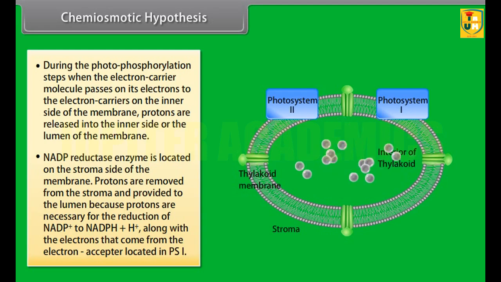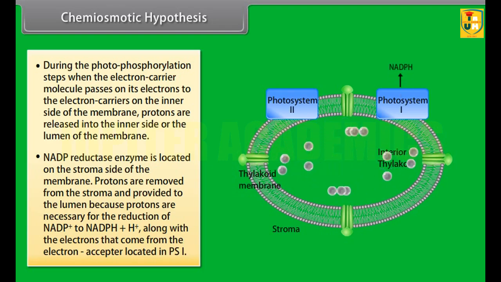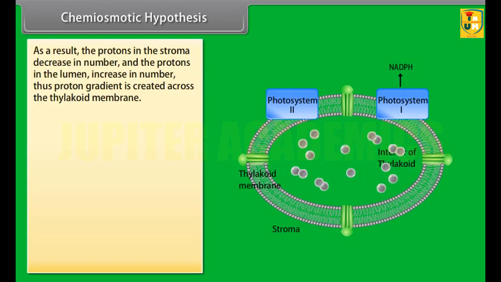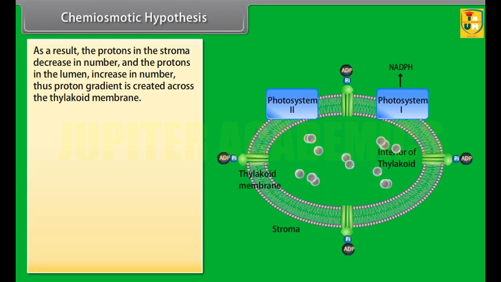Protons are removed from the stroma because they are necessary for the reduction of NADP+ to NADPH plus H+, along with the electrons that come from the electron acceptor located in PS1. As a result, the protons in the stroma decrease in number and the protons in the lumen increase in number. Thus, a proton gradient is created across the thylakoid membrane.